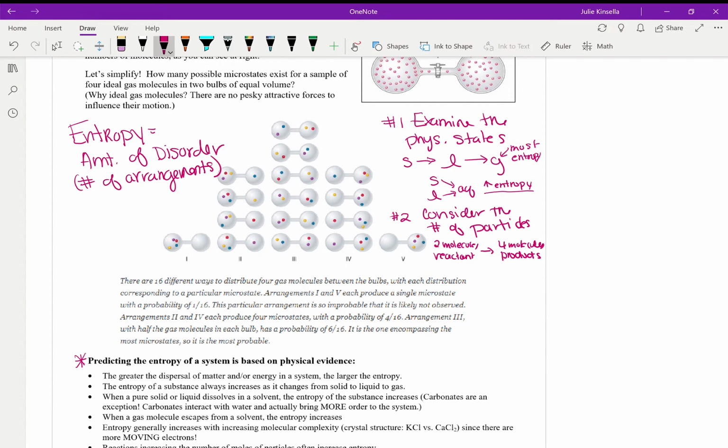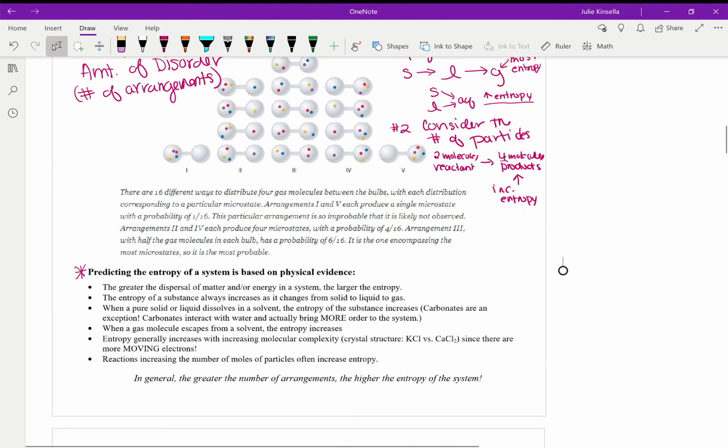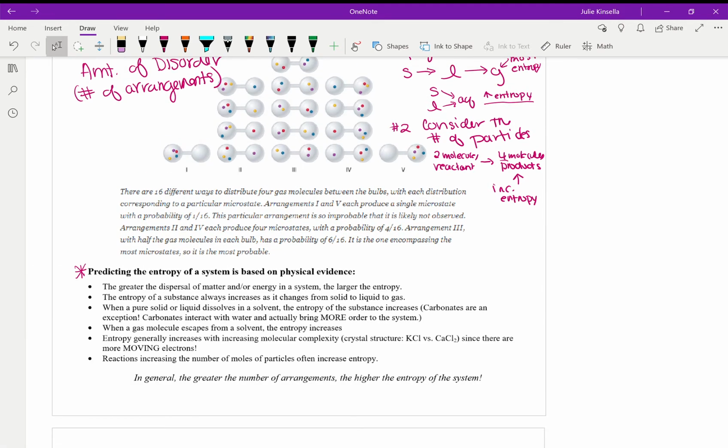If you're going from 2 to 4, the 4 have a greater number of arrangements, which creates more disorder. So going toward this side would increase the amount of entropy. Okay, so that's another thing. Usually those are the first two things you're going to check for.